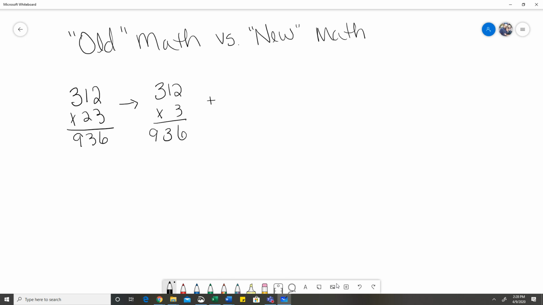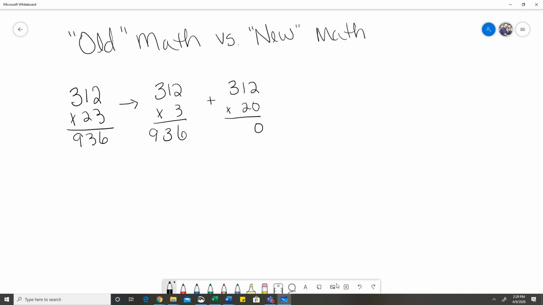Now, then we multiplied by the 2, but we weren't really multiplying by 2. We were multiplying by 20. Okay, and what we were taught is because we were multiplying by 20, we go ahead and put a 0 at the end as a placeholder. And as we moved into other place values, we would add zeros as placeholders and then start multiplying.